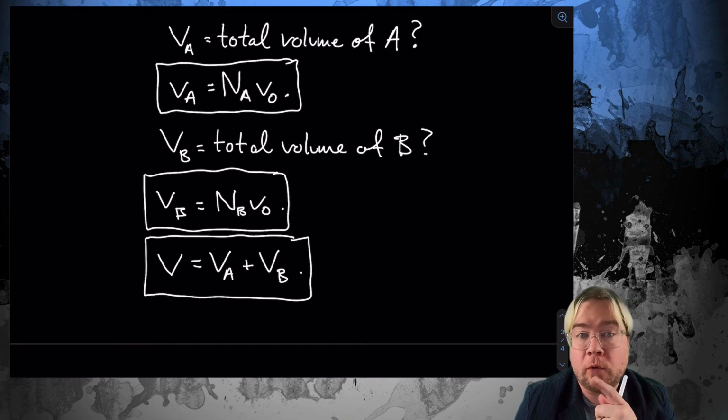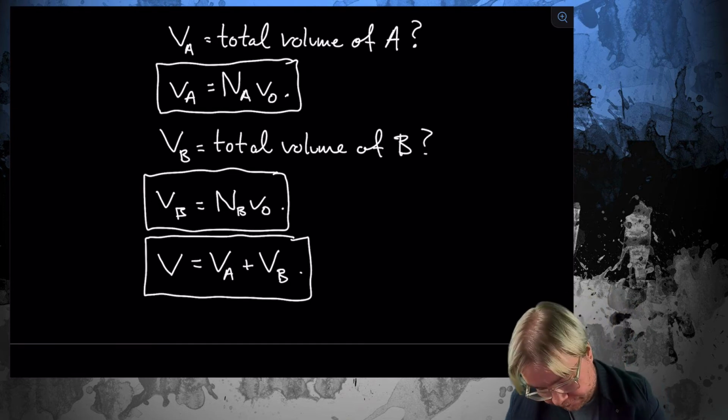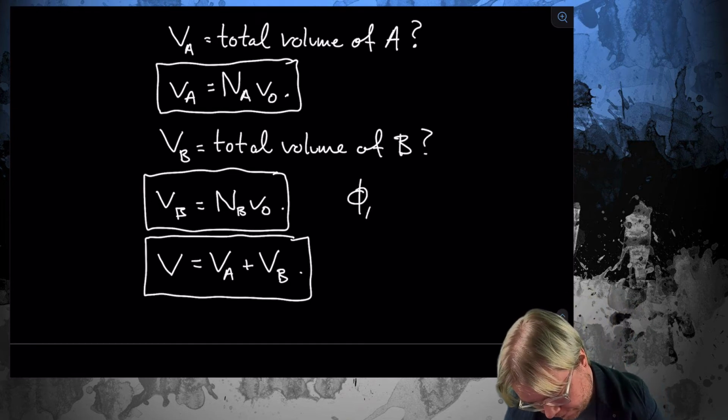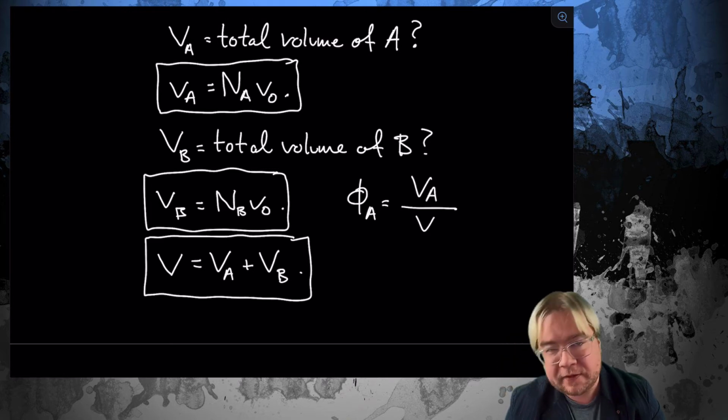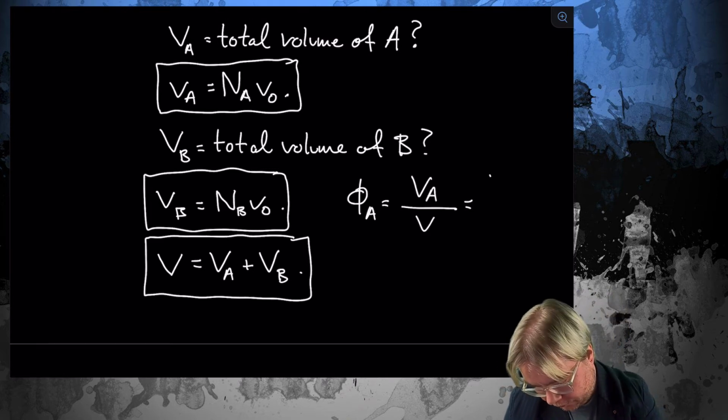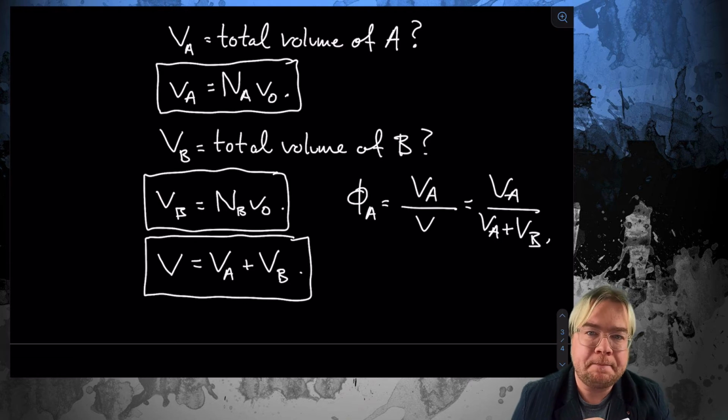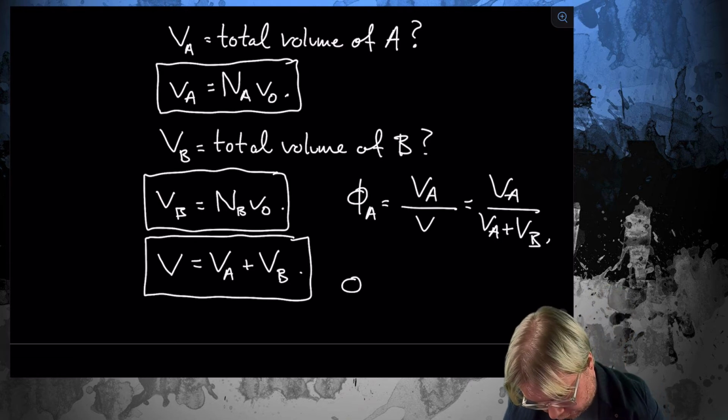How about the volume fraction? So the volume fraction of A will be the volume of A divided by the volume of the system. So the volume of A divided by the volume of A plus the volume of B, kind of like the mole fraction. And so the same thing for the volume fraction of B, VB over VA plus VB.